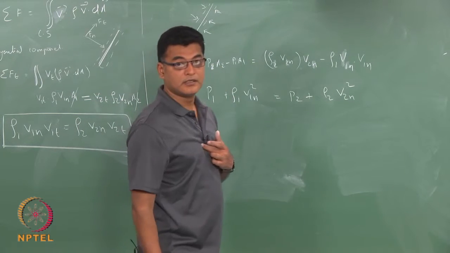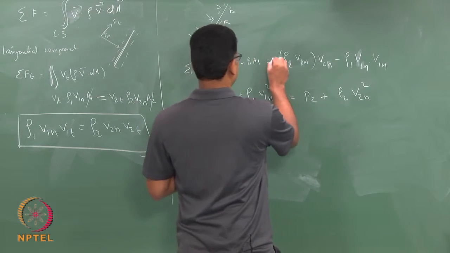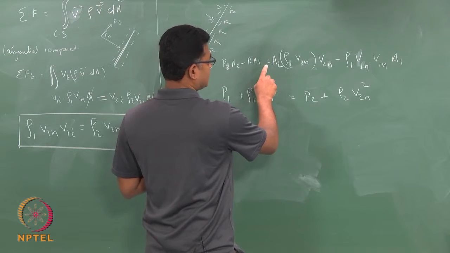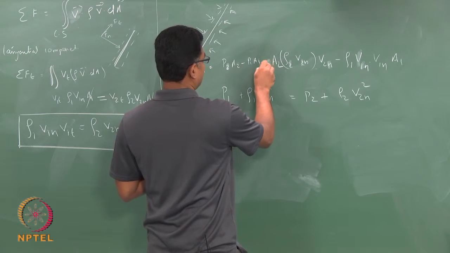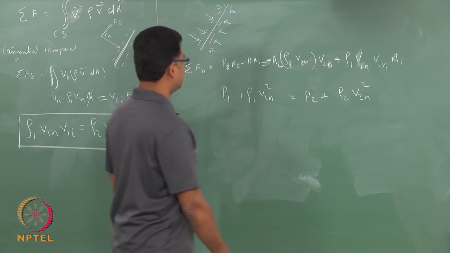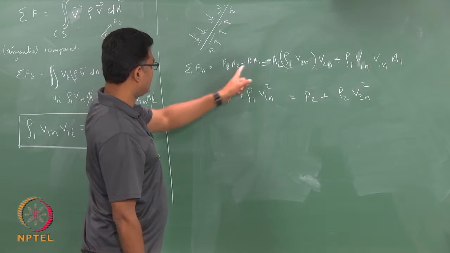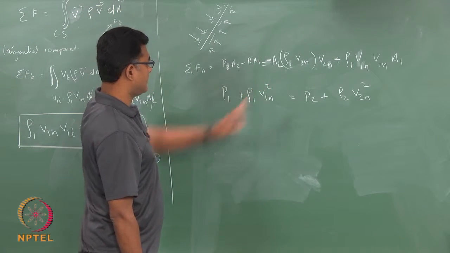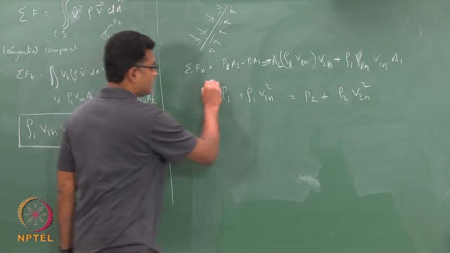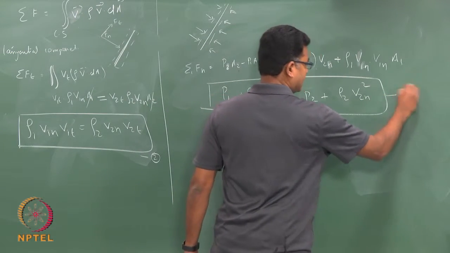Sorry, so this would be A2, A1, and this would be minus, and this would be plus. So, that would take it to this side, that to that side, and cancel out A1 and A2. So, I would end up with this relation: P1 plus rho 1 V1n square equals P2 plus rho 2 V2n square, which is my equation 3.